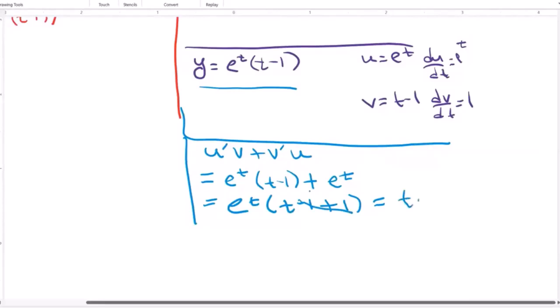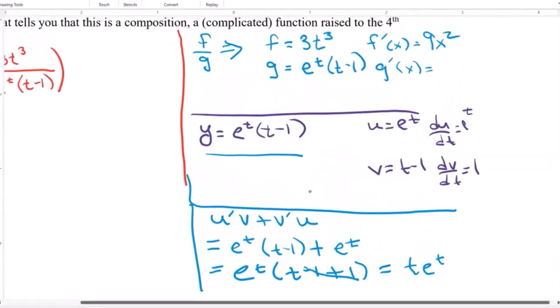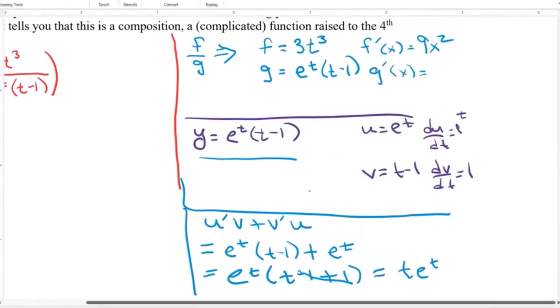So this becomes t e to the t. And that's my g prime, t e to the t. So if I were to explain what I did here, first I said I have a quotient rule, and I need my f, g, f prime, g prime. So this is for the quotient rule.